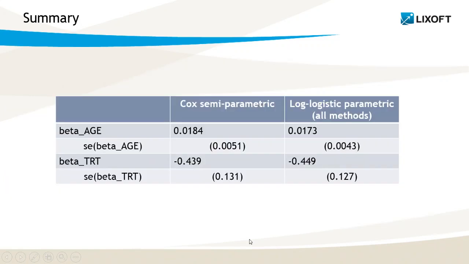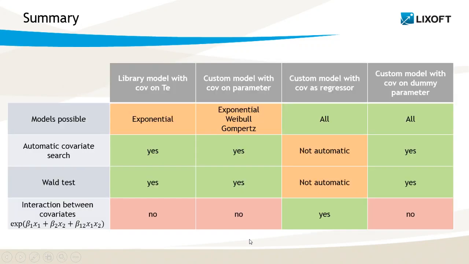In addition, for the example dataset, the values and standard errors estimated by Monolix were also very close to those estimated by the survival package. So to conclude, if you don't need interactions, then the last method with a dummy parameter is the method of choice. It's very easy to implement and you can use it with all models.